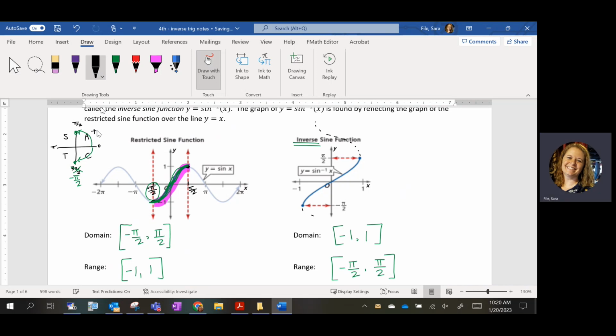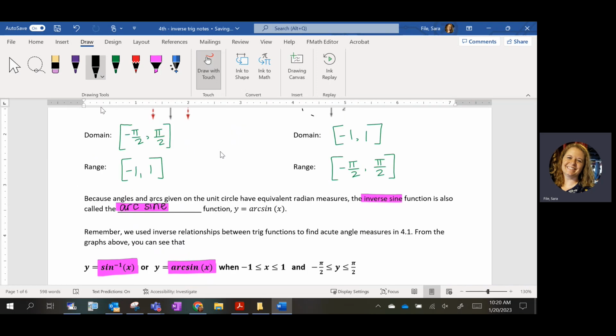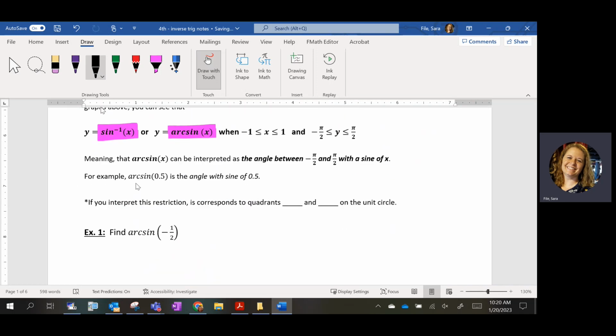Positive in quadrant 1, and sine is negative in quadrant 4. This over here is no man's land. You're not going to have any answers come from over here for inverse sine or arc sine. Only going to come from quadrant 1 or quadrant 4, depending if the input, like this 0.5 in this example, is positive or negative. So this is if sine is positive, and this is if it's negative.